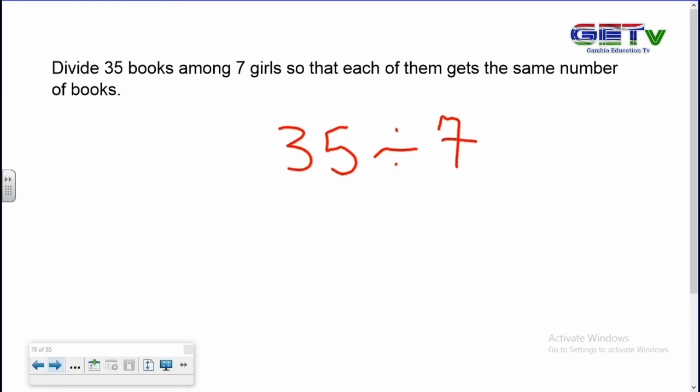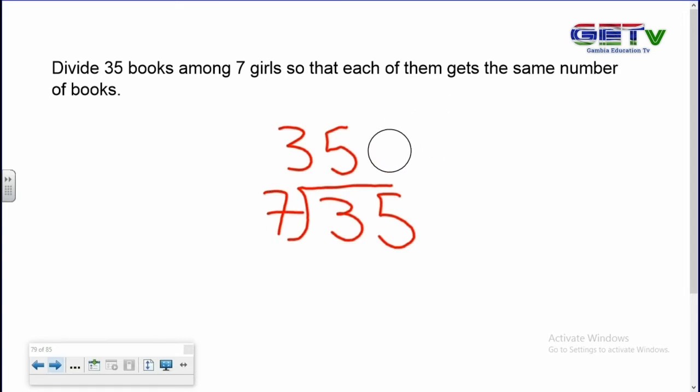The 35 is the number of books the 7 girls are going to share, and each is going to have the same number of books, and that is 35 divided by 7.